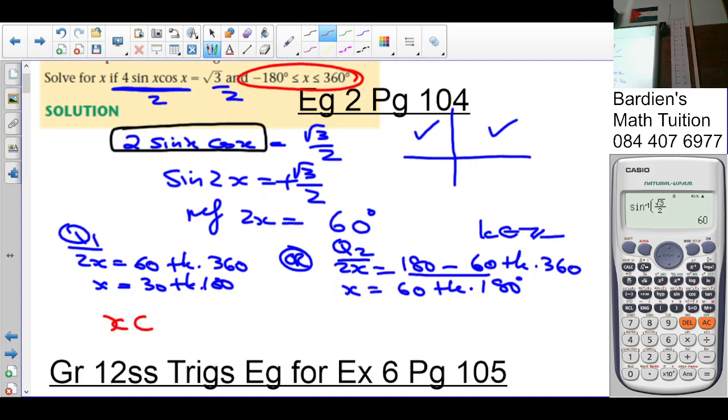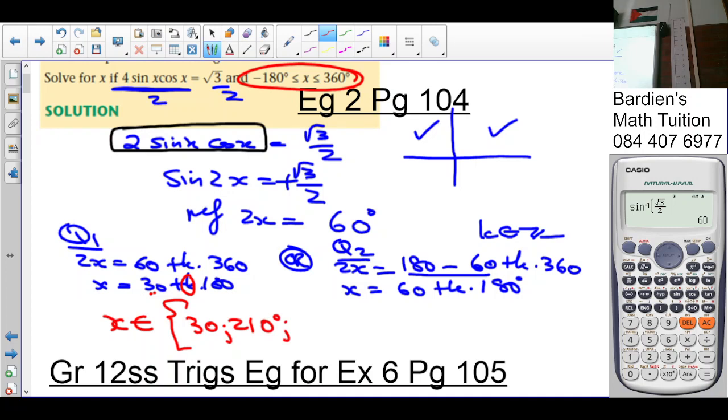We say x is an element of, where do we start? Start with k is equal to 0. If k is equal to 0, then what do we get? We get the solution of 30 degrees, not so? If k is 1, this is 30 plus 1 times 180, so it's 210, which is still in that given domain.